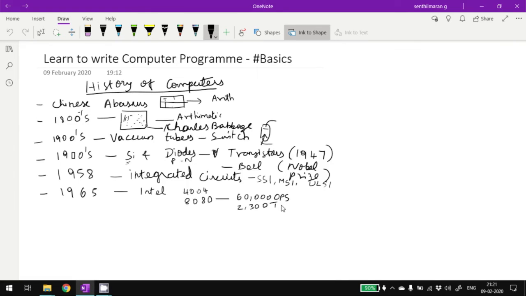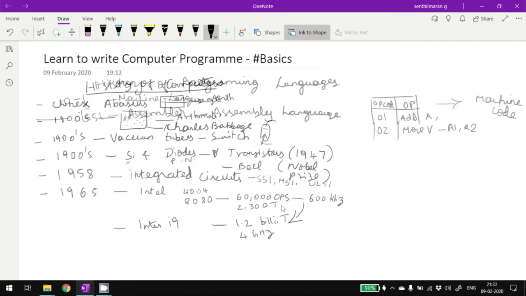Compared with this processor, today's Intel i9 has almost 1.2 billion transistors, and the frequency is 4 gigahertz. Converting this, the older processor's frequency is basically 600 kilohertz. So this is the development on the hardware side.